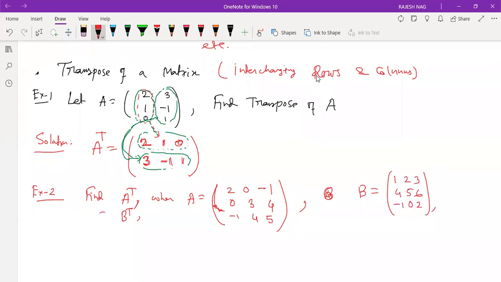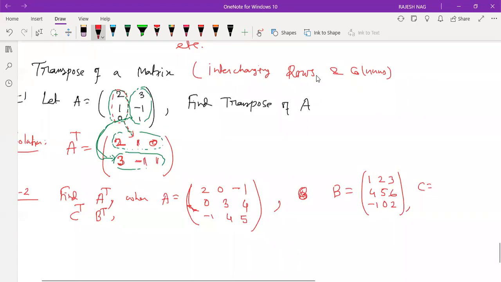Another CT. Let C equal to say 1 0 1 2 minus 3 minus 2 3 4 0.